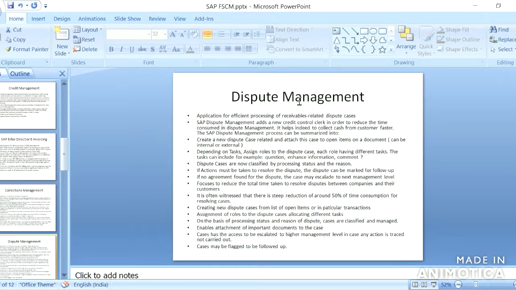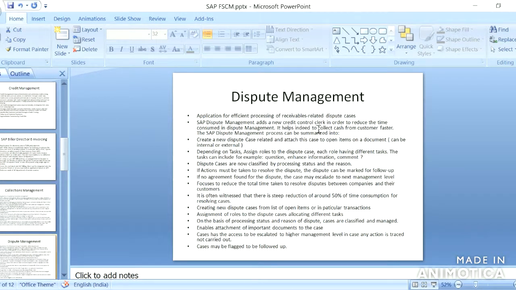So once the dispute case is raised, the job of the collection department is ended and the job of the dispute management team gets started. SAP dispute management adds a new credit control clerk in order to reduce the time consumed in dispute management.